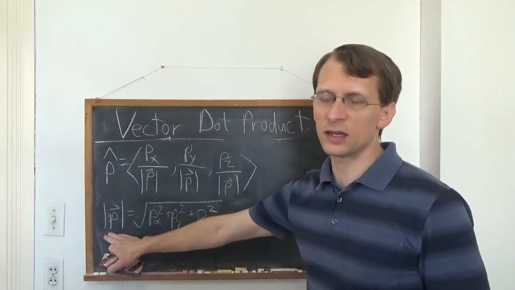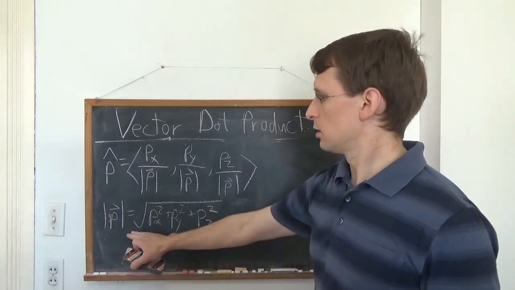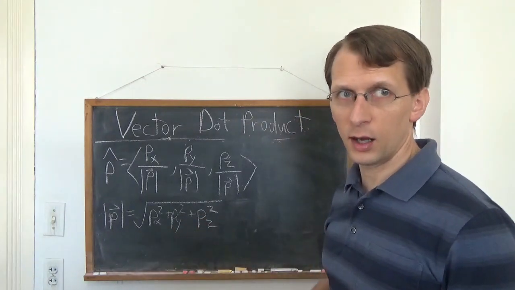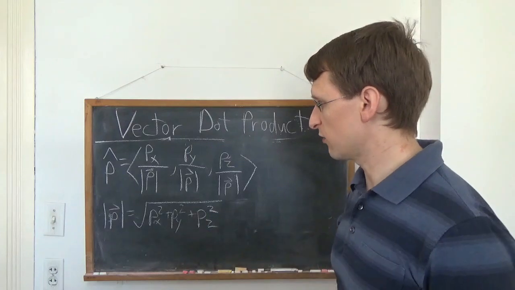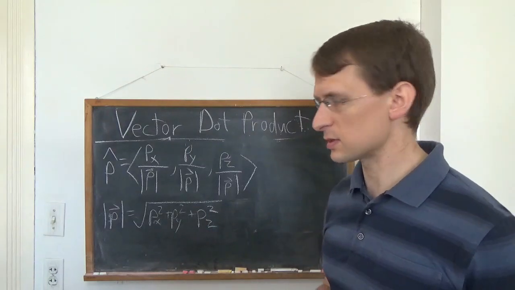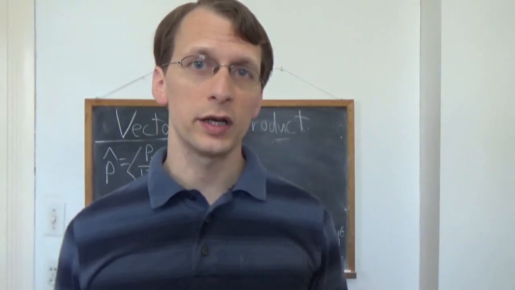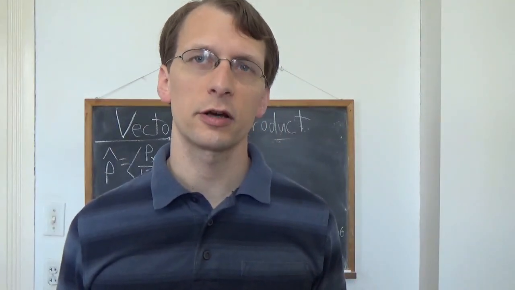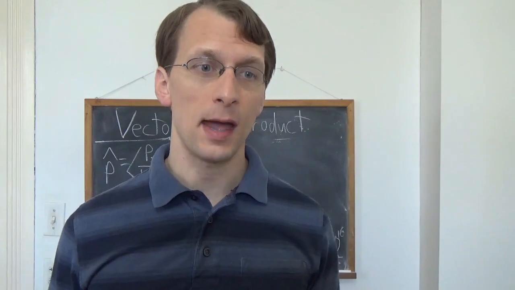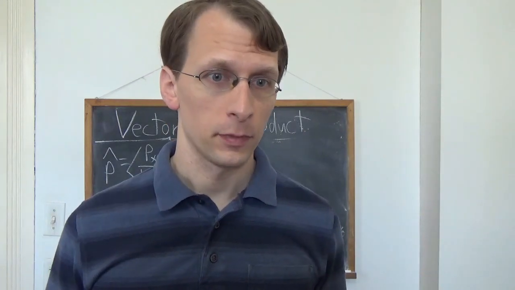So we need to find the magnitude of p first. And we can do that using the square root of px squared plus py squared plus pz squared. So putting those numbers in, we end up getting 6.21 times 10 to the 16th kilogram meters per second as the magnitude of the momentum.